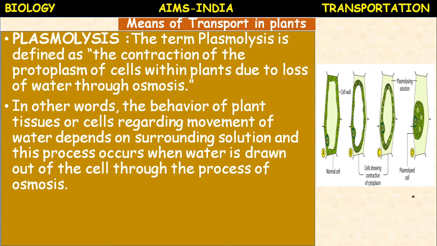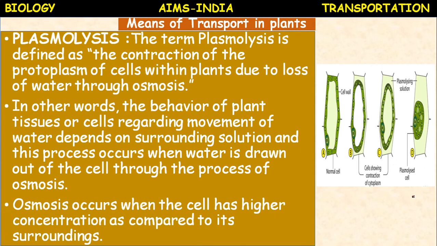So this plasmolysis process occurs. The contraction of the protoplasm of the cell within plants due to loss of water through osmosis is called plasmolysis. So osmosis occurs when the cell has a higher concentration as compared to its surrounding. See here, it is a normal cell, then the cell showing contraction of cytoplasm in the plasmolysing solution, meaning loss of water is taking place.